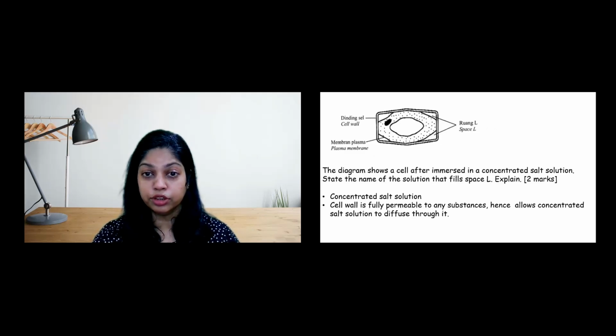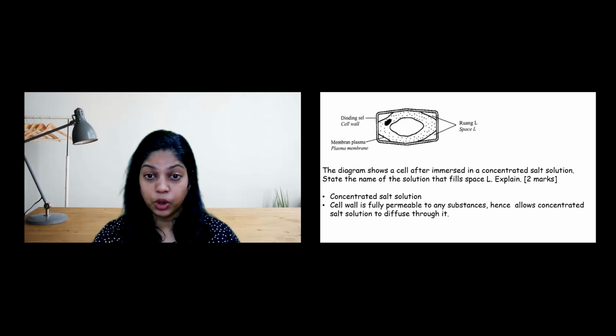Concentrated salt solution is hypertonic solution compared to plant cell because concentrated salt solution has more solute molecules and less water molecules than plant cell. So, water molecules diffuse out of the cell by osmosis.